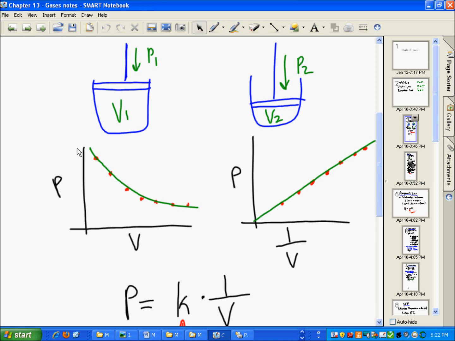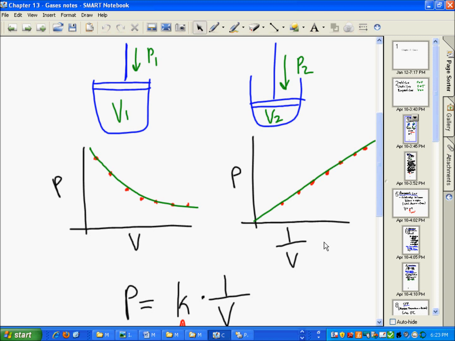And in chemistry, scientists and chemists in particular like straight lines, like linear graphs, because if you have a linear graph, then you can use linear mathematical functions, which make calculation easier. And so what it turns out is that pressure is proportional to 1 over the volume.